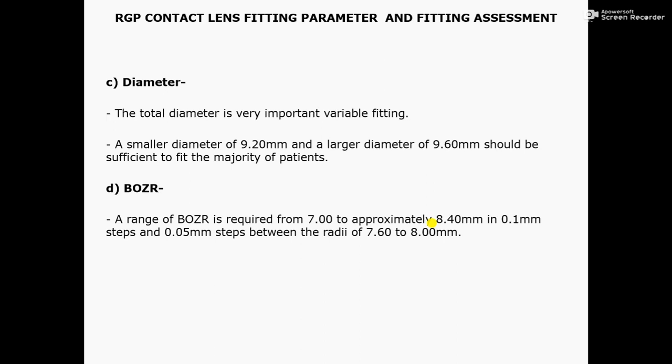Here we may have a lens of about 9.50 mm diameter, a back optic zone diameter of about 8.40 mm, and a back optic zone radius 0.2 to 0.3 mm flatter than K.